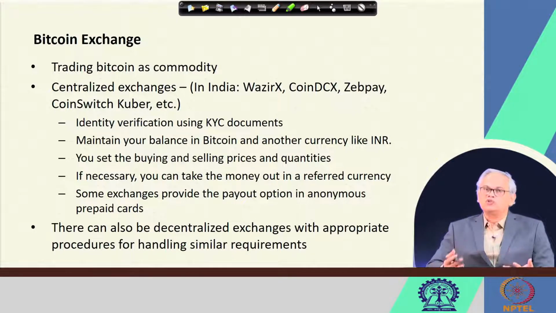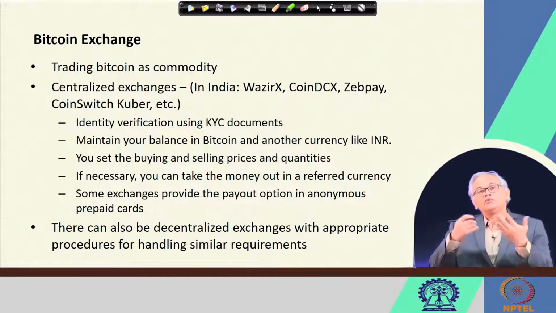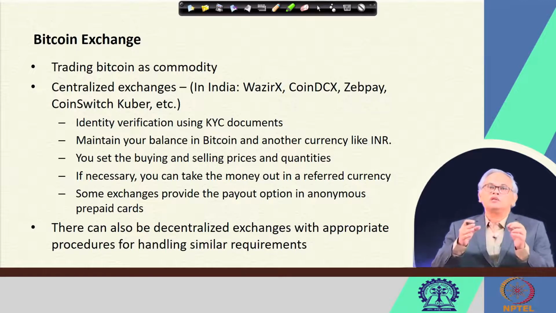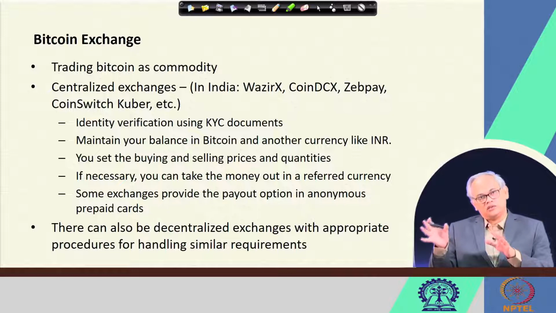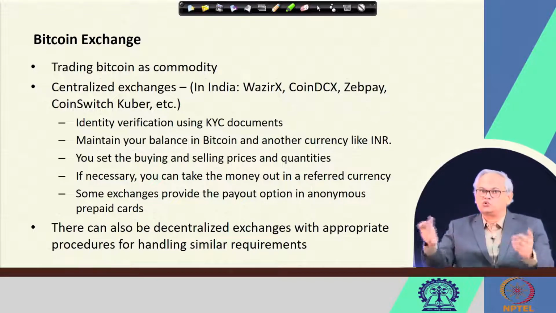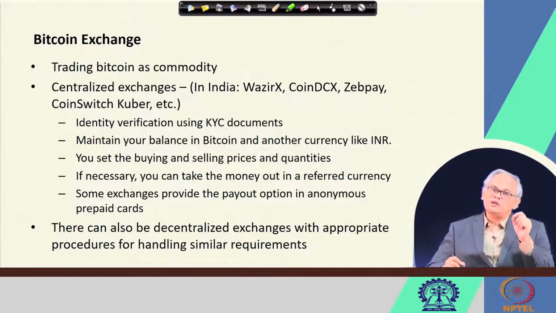So, you can follow those very carefully. There could be some countries where payment using Bitcoin may not be legal. That means that Bitcoin is not a legally valid currency for carrying out transactions, for making payments and so on, but it might be legal to trade Bitcoins.